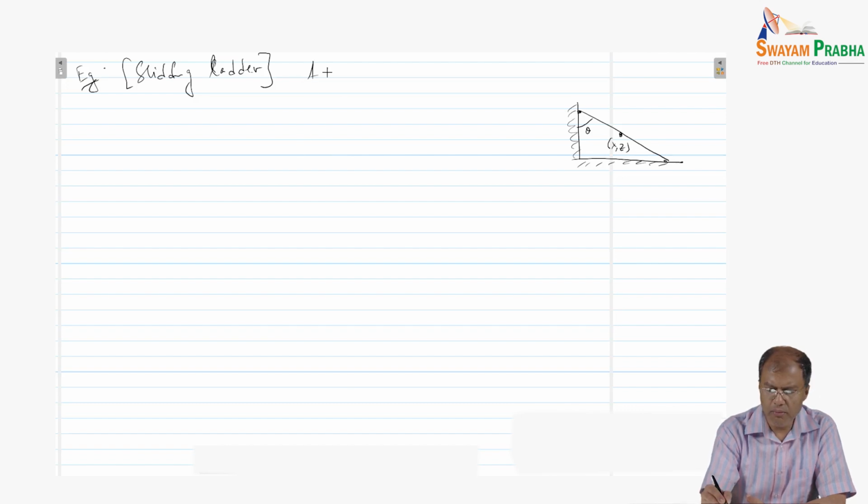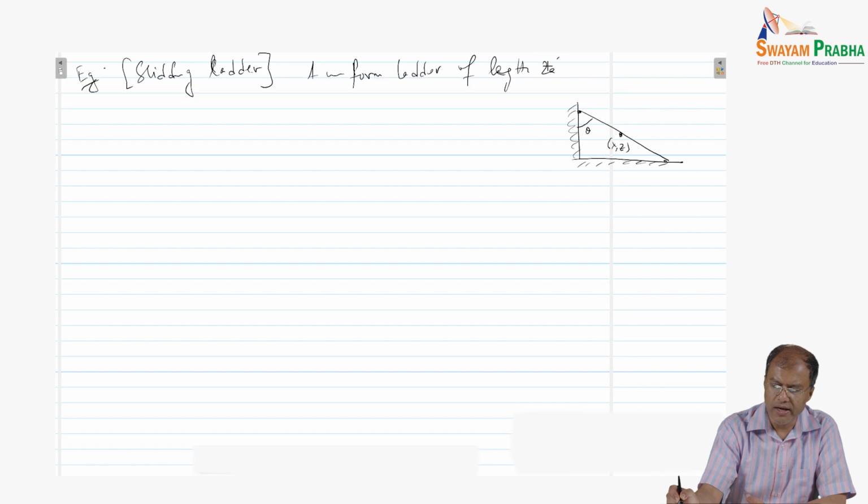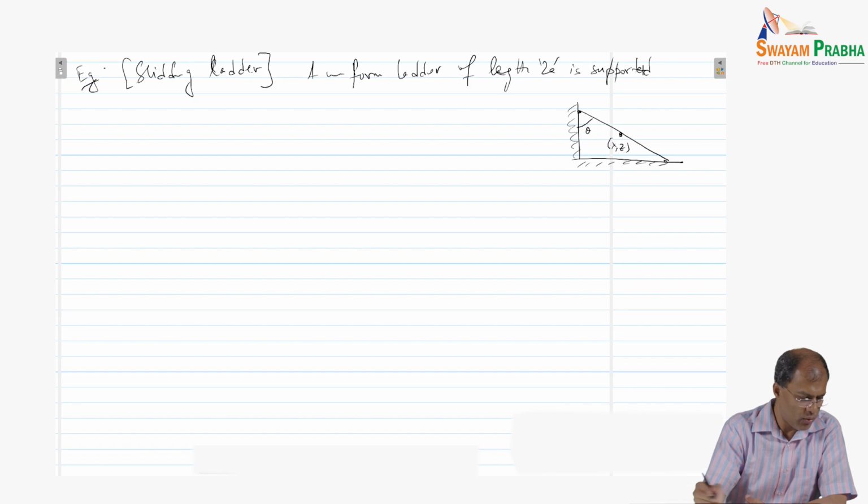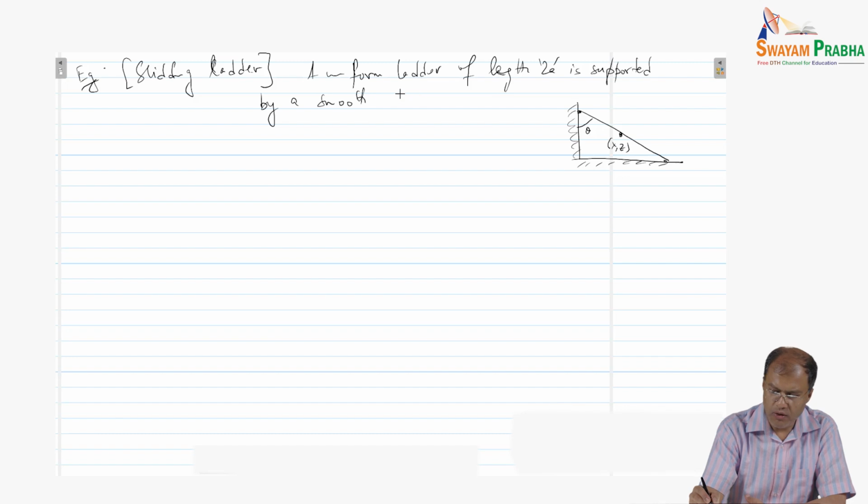So a uniform ladder of length 2a is supported by a smooth horizontal floor, right?